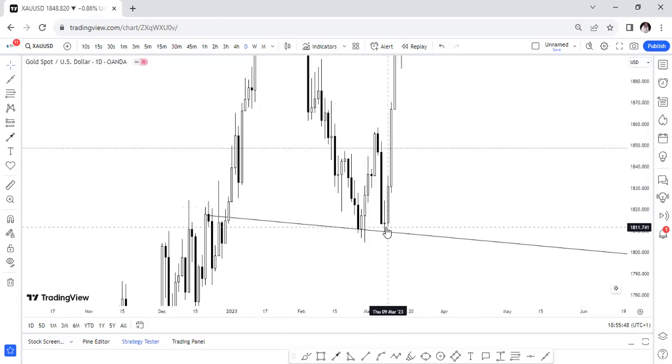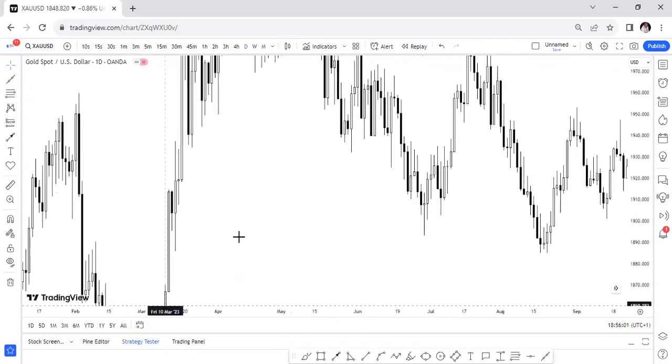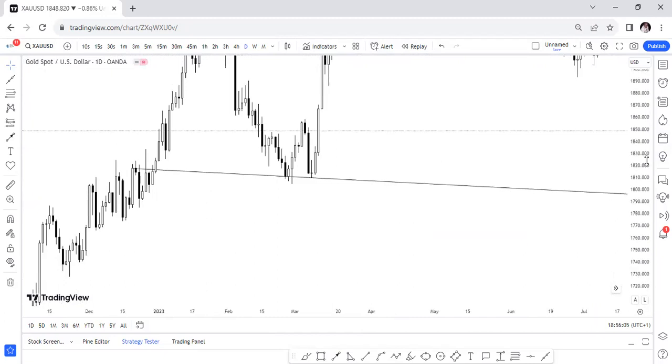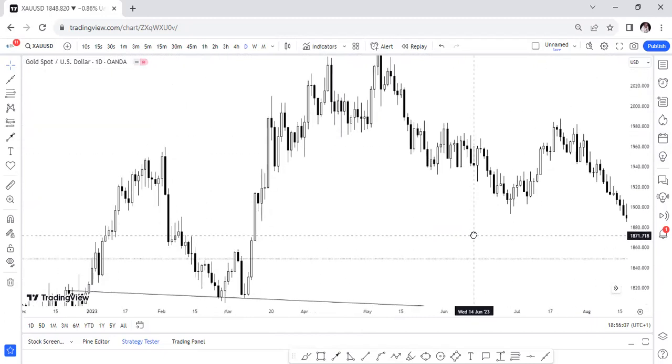Wow. Good signal. 1, 2, 3. We do not count it because this is a gap, right? So this is a breakout SNR. Sorry, trend line. If you can imagine the move upward. Imagine the move upward.